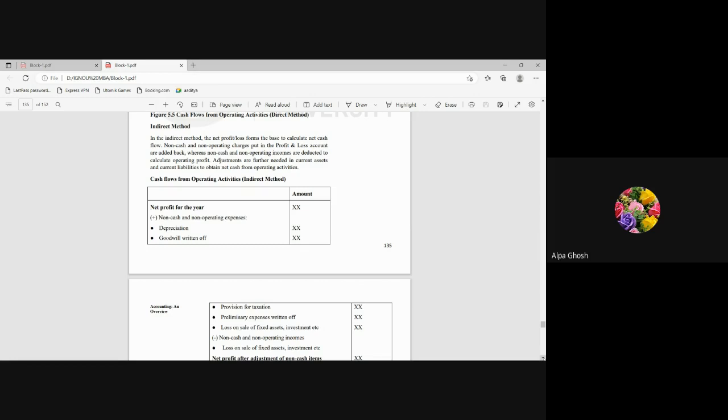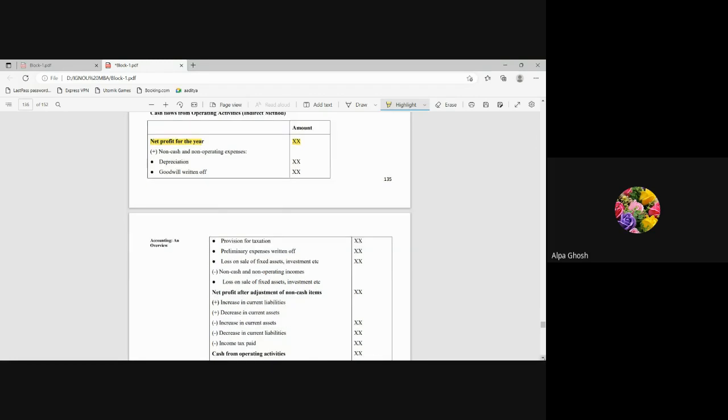We will not include those transactions which are non-cash or non-operating. So the indirect method, it takes into account the first heading as net profit for the year. This net profit for the year, it will be given to you in your profit and loss account in the financial statement. So this is your first one. I hope this you can see.